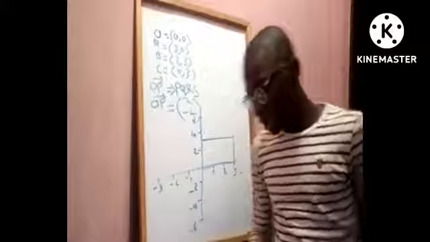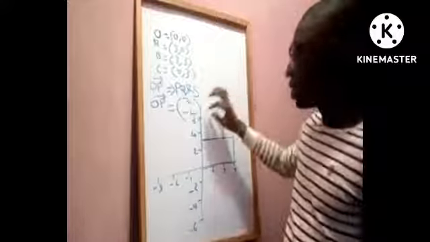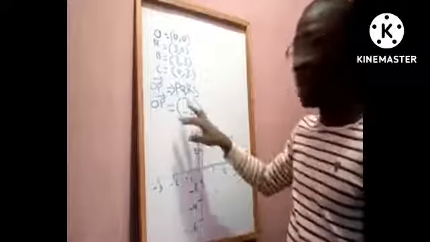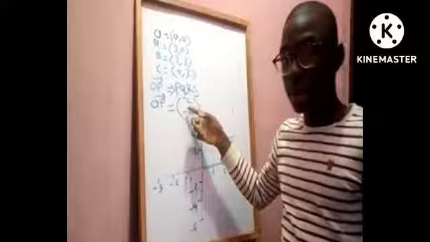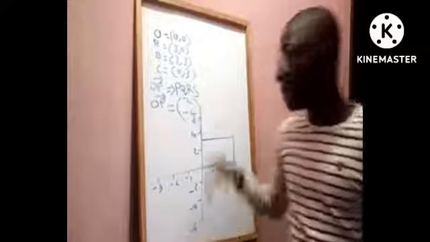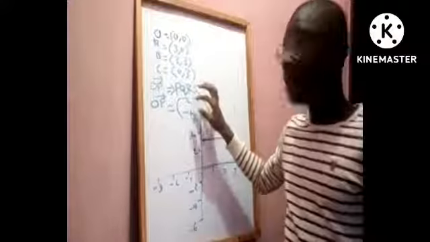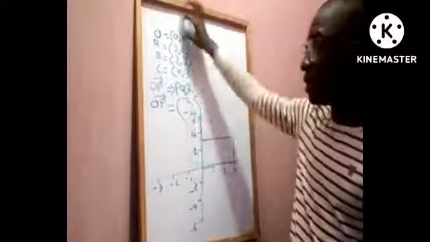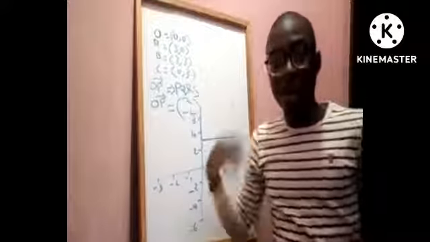What we are going to do is move each of these points by the magnitude of this transformation vector, which has its x and y components.